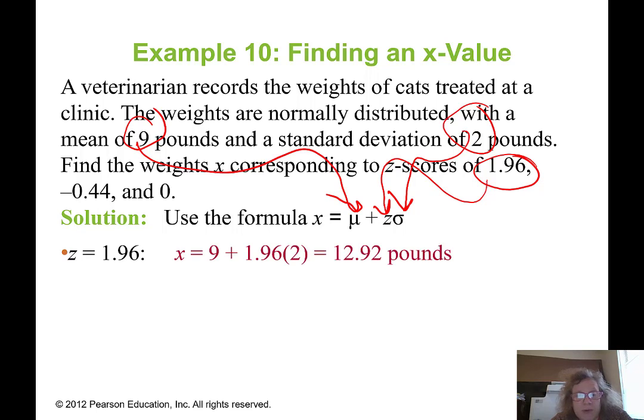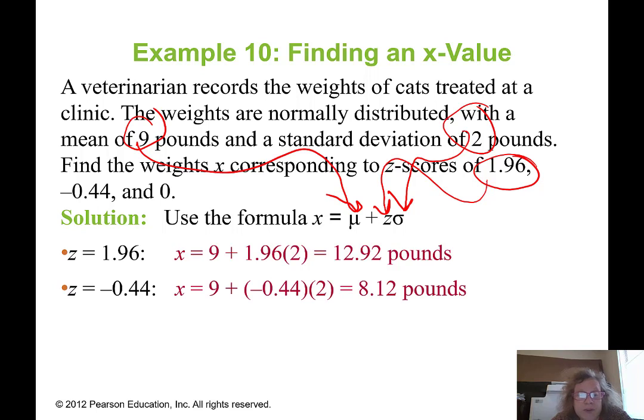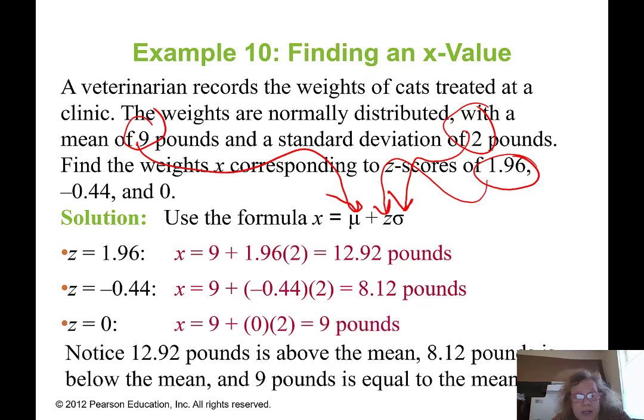So for example, for z equals 1.96, the equivalent x value is 12.92 pounds. 9 plus 1.96 times 2 gives you 12.92. For z equals negative 0.44, the answer for x is 8.12 pounds. Again, we're just plugging in those values. And finally, for z equals 0, we have x equals 9 pounds.